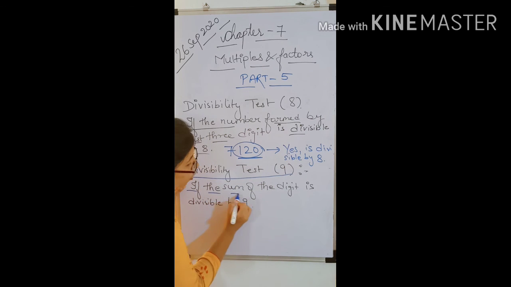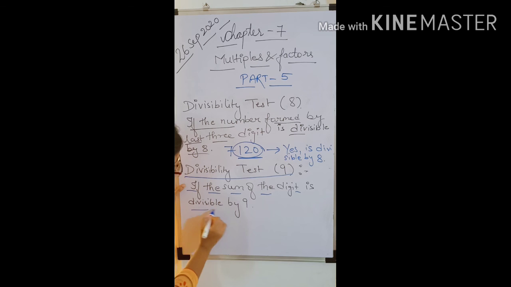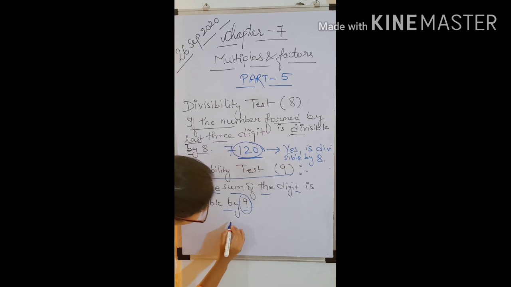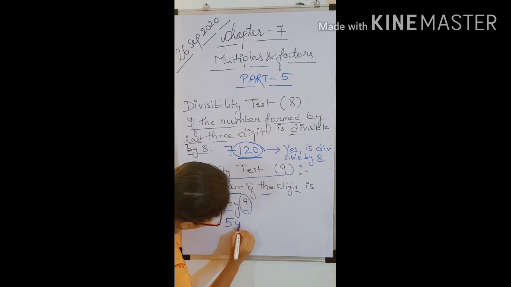So moving to the next divisibility rule, that is the divisibility test for 9. Again, you can see if the sum of the digits is divisible by 9. The rule is the same for 3 and for 9, but the only thing is that for 9 the number should come in the table of 9, and for 3 it should be in the table of 3. Now let us take one example, 549.